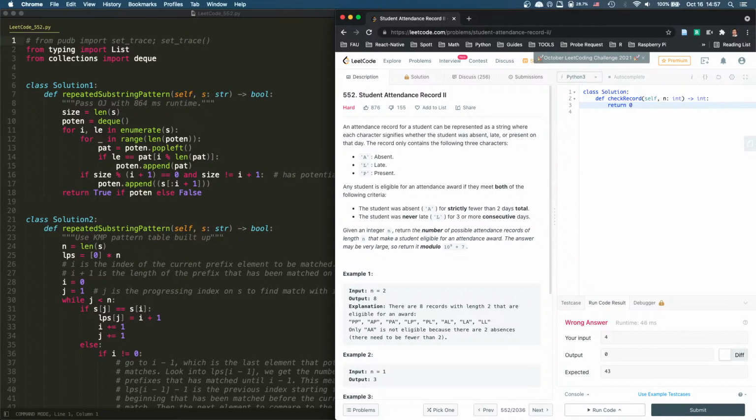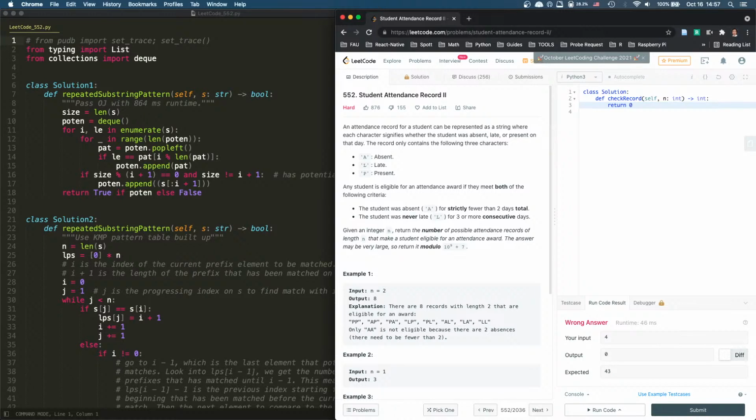So 3 to the third minus C4 choose 2 times the permutation of the remaining values, which is 2 factorial, plus C4 choose 3 times 1 factorial, plus C4 choose 4, right?